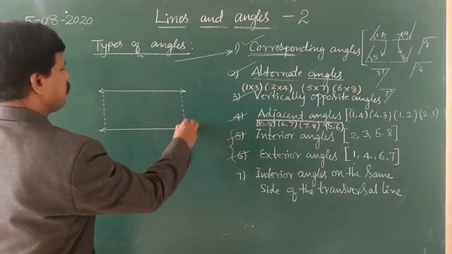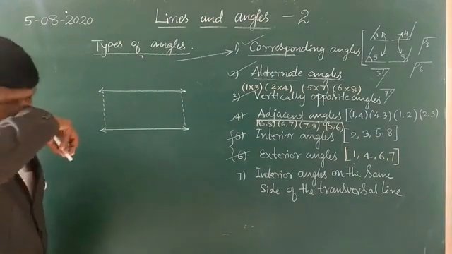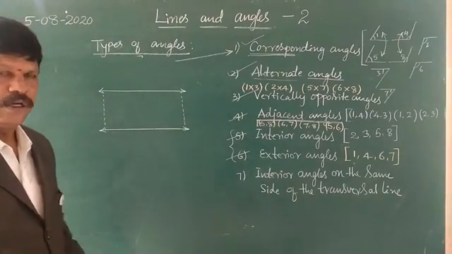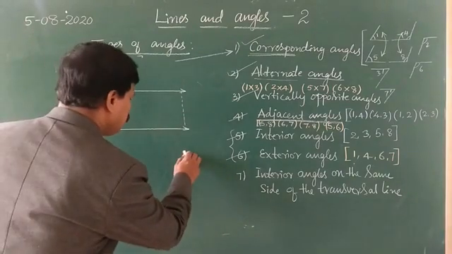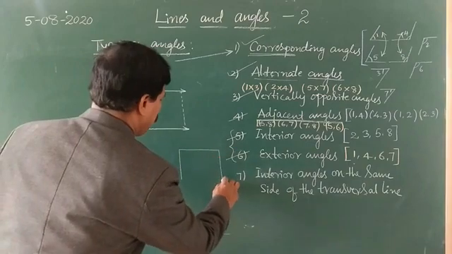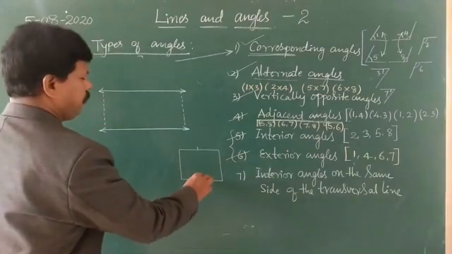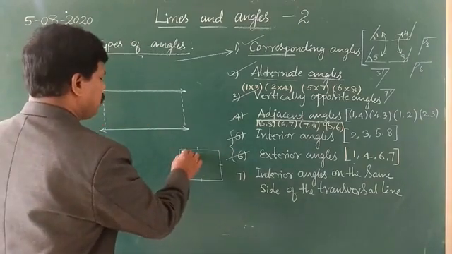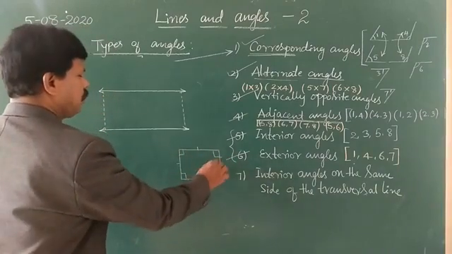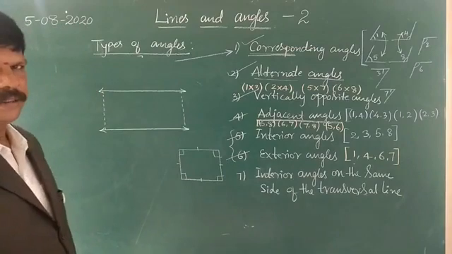if you make it like this, then it becomes a rectangle. You know the property of a rectangle: opposite sides are equal, and all angles are equal to 90 degrees.